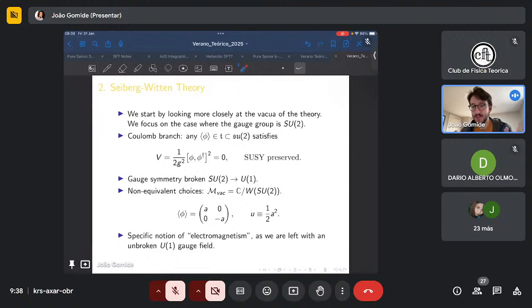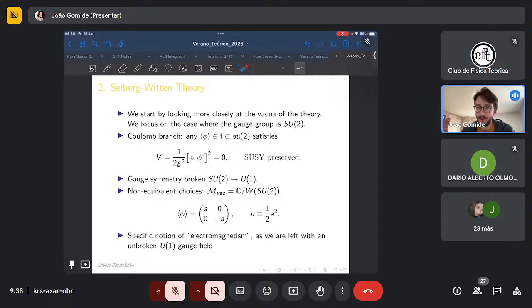So the first step is characterizing what this moduli space of vacua is. We want the vacua to be those for which the scalar potential vanishes, so this commutator being zero.